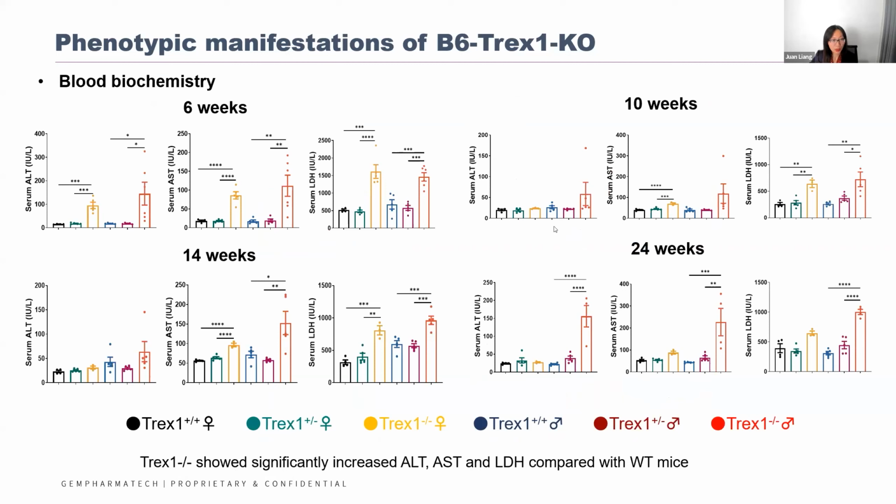In these results, we found a significant increase of ALT, AST, and LDH in the TREX1 homo knockout mice, which indicates dysfunction of the heart in this model. During the study period, we found the increase of these blood biochemistry parameters lasting around 40 weeks.